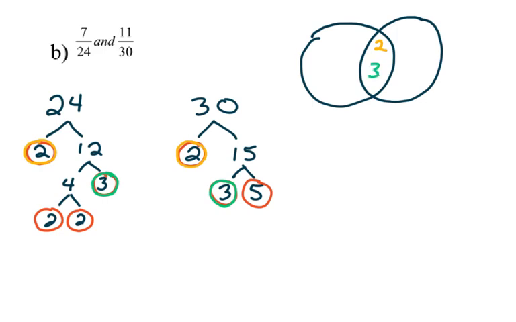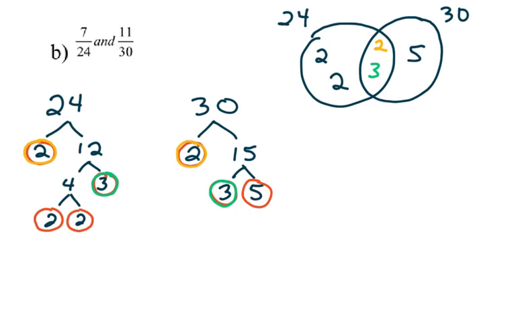There is nothing else in common between these two numbers of 24 and 30. And so we want to write their other prime factors in the non-overlapped part, the non-intersection part. And so I have the 2 and 2 left for the 24 and the 5 left for the 30.